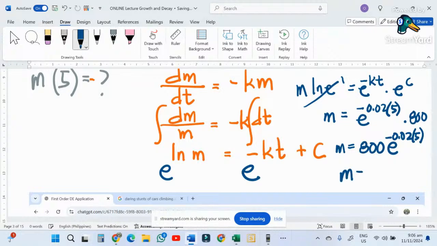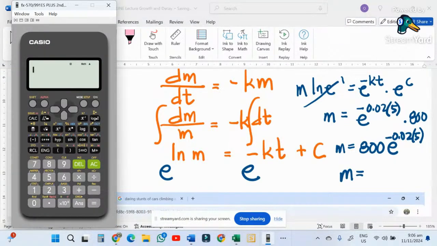So m will be equal to, let's calculate: 800 times e raised to negative 0.02, and then you multiply that power by 5.